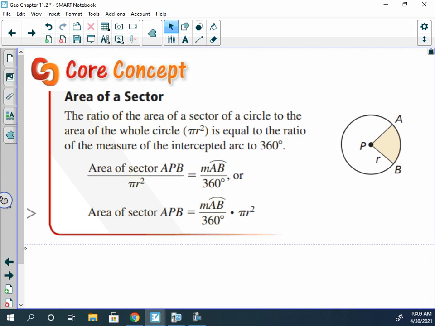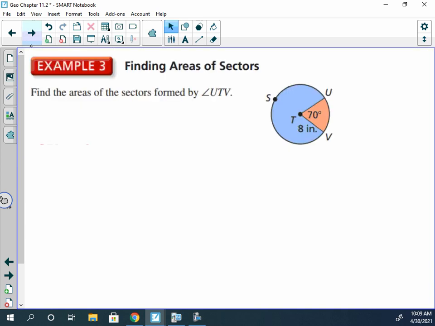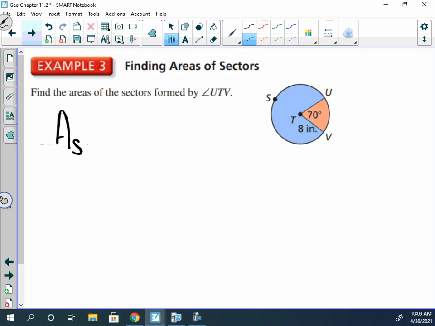And we can use that just like we did the other day, because our overall formula is the area of a sector, and I use a sub s to signify that we're not talking about the area of the circle, we're talking about the area of the sector, is equal to the arc measure over 360 times the area of the whole circle.